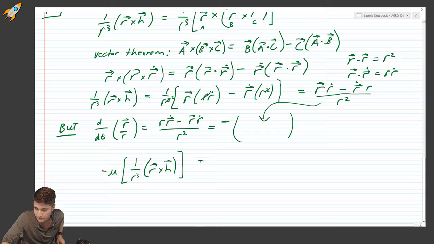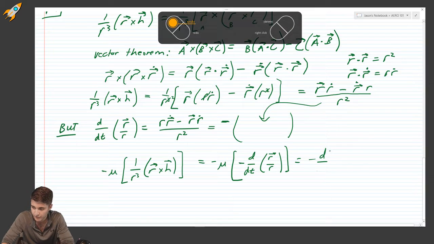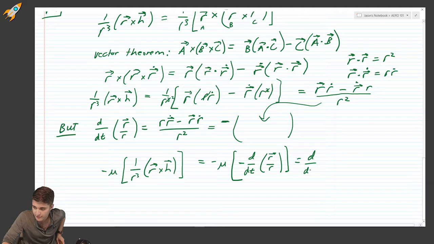That's equal to negative mu multiplied by the negative derivative with respect to time of r over r. It's just a constant, so we can pull all of this stuff in. Oh, sorry, the negatives cancel out.